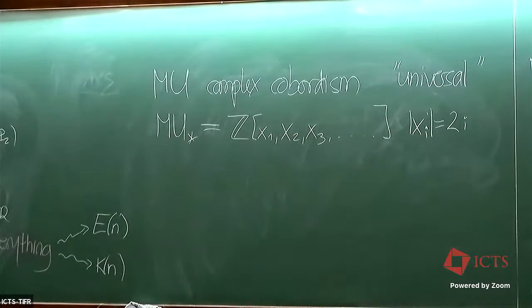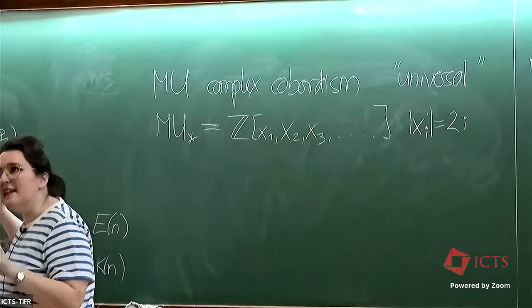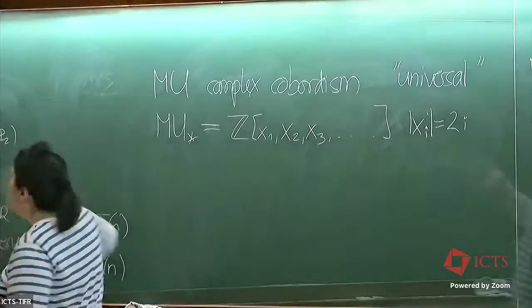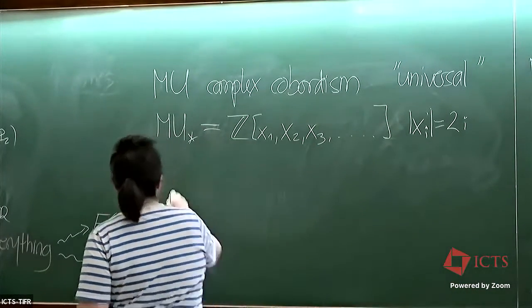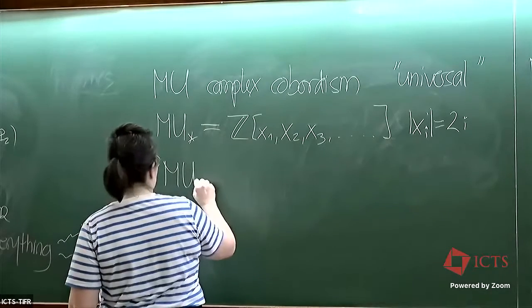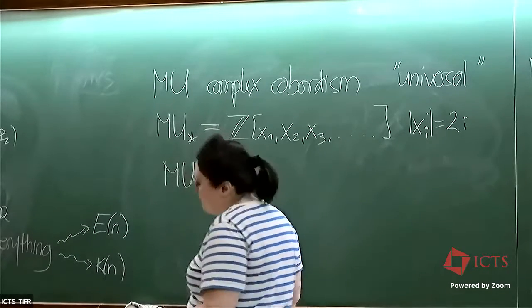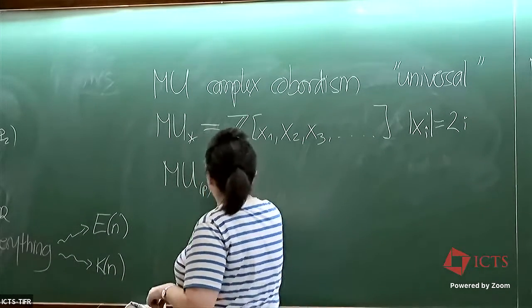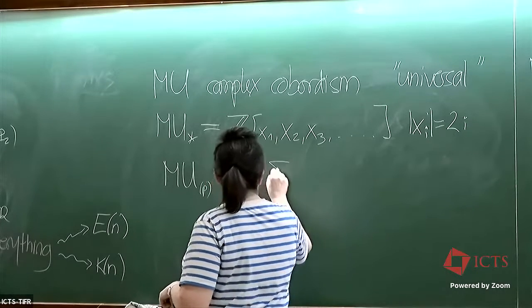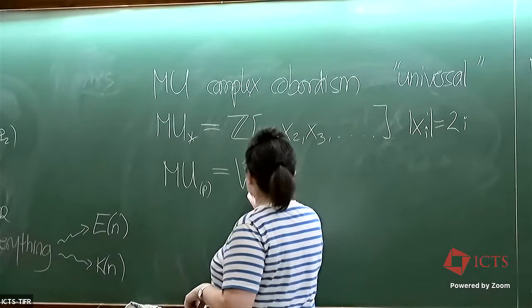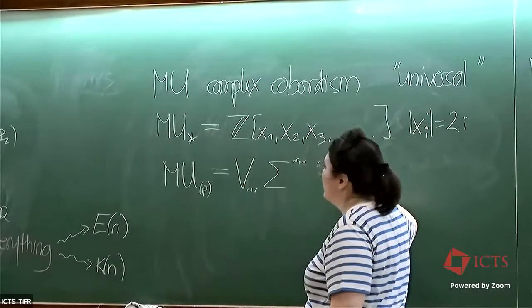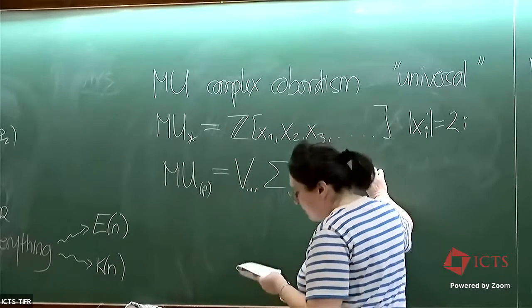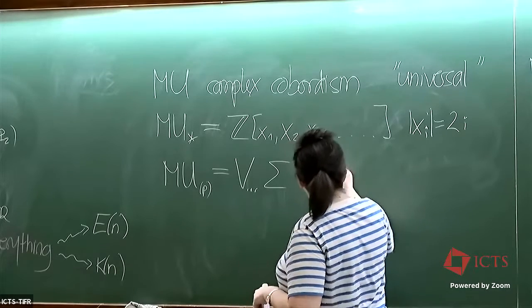But I said from now on in pink, everything is p-local. We might as well work with complex MU, but complex MU splits into lots of copies of shifts of a degree that I forgot. If anybody knows, let me know, of something called BP.